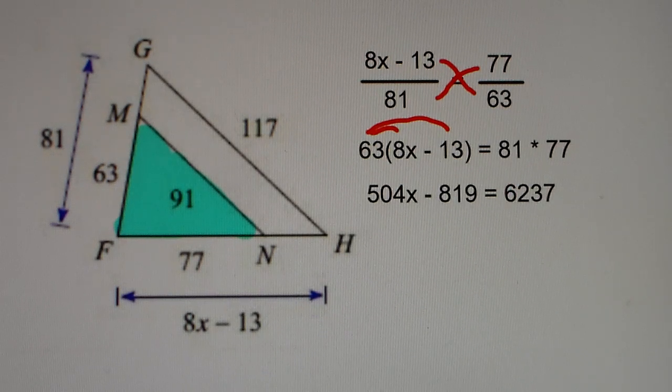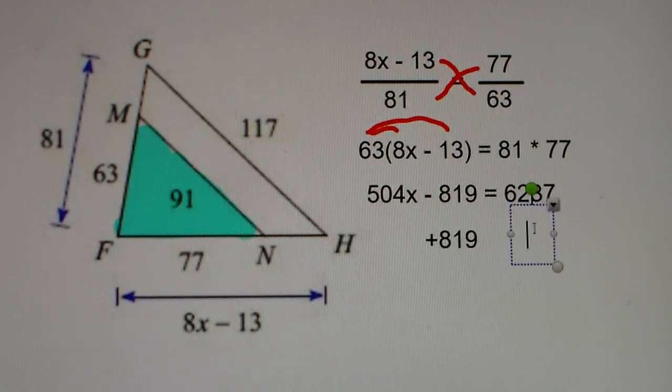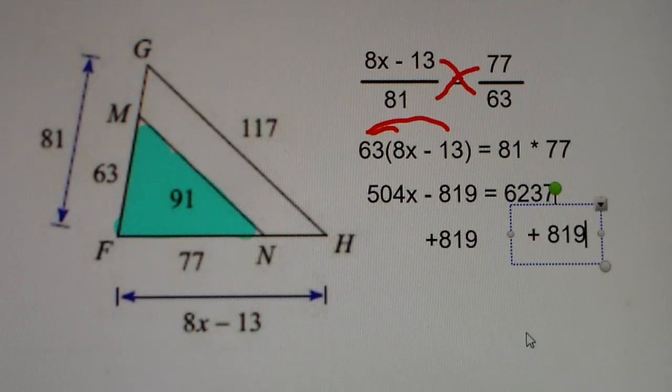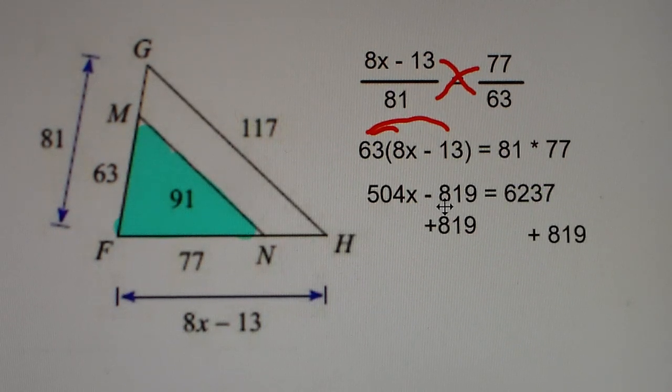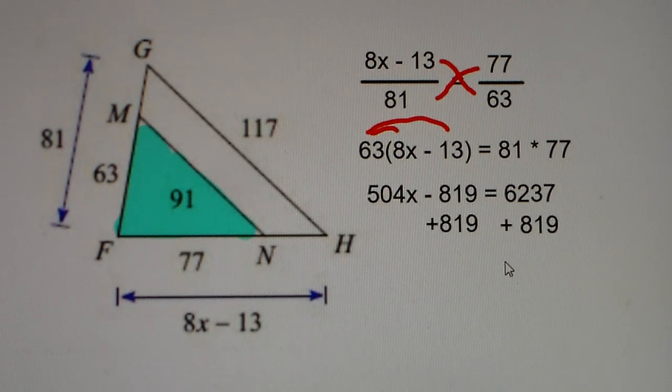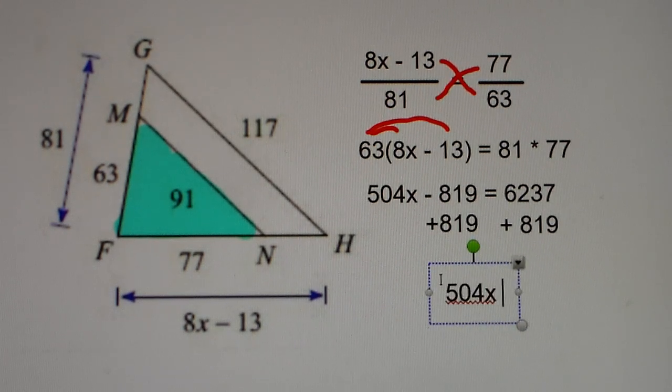Then we got to do our inverse operations. We're going to add 819 to both sides. So both sides of the equal sign gets added 819. So 6,237 plus 819 gets us 7,056. So 504x is equal to 7,056.